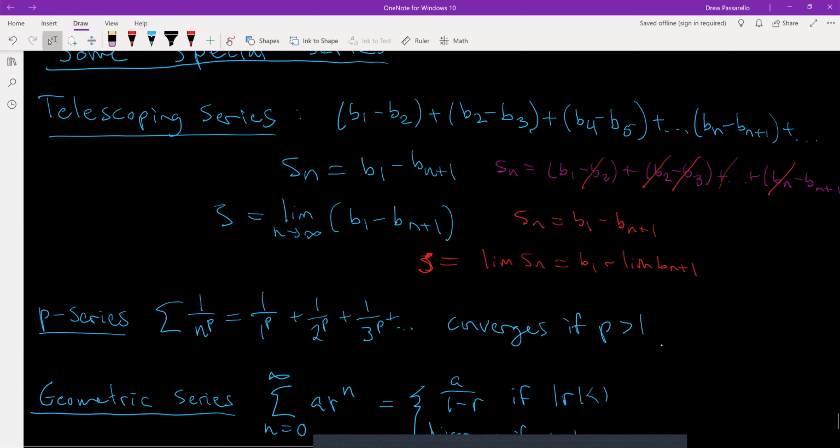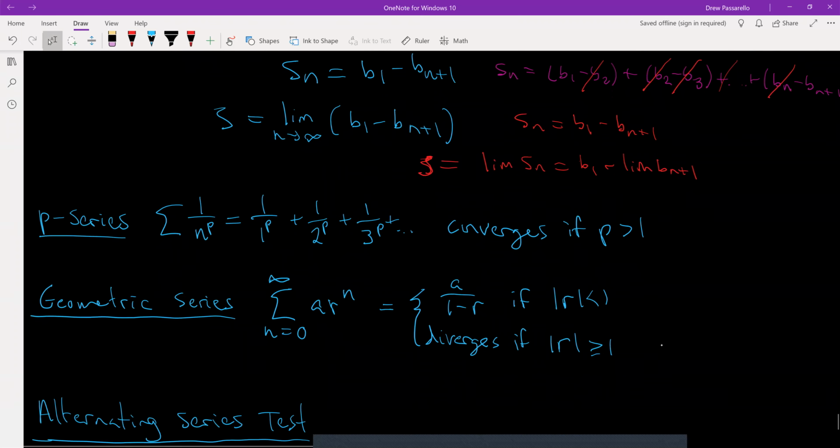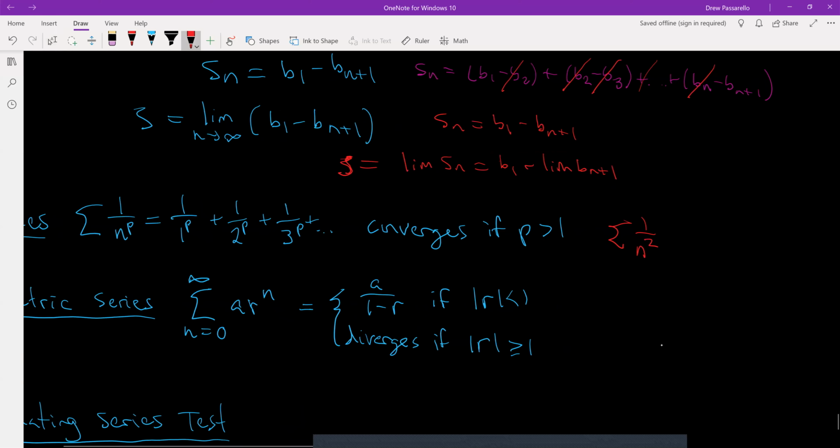Then we have the P series, and that's just a series of the format 1 over n to the P power. So that's like 1 over 1 to the P plus 1 over 2 to the P plus 1 over 3 to the P and so on, and that only converges when P is greater than 1. So like the series 1 over n squared, P is 2, greater than 1, so this converges.